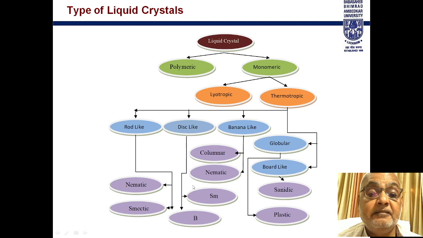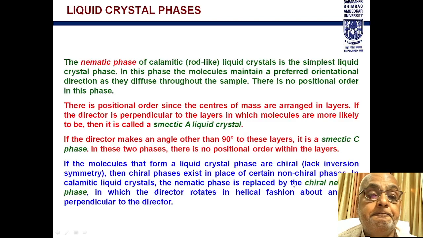Disc-like is divided into columnar and nematic phases. Banana-like thermotropic liquid crystal is subdivided into B phases. The globular is subdivided into plastic, and the board-like is subdivided into sanidic.